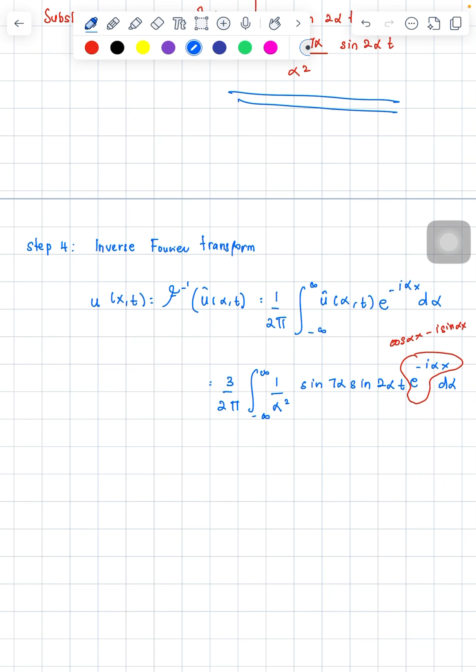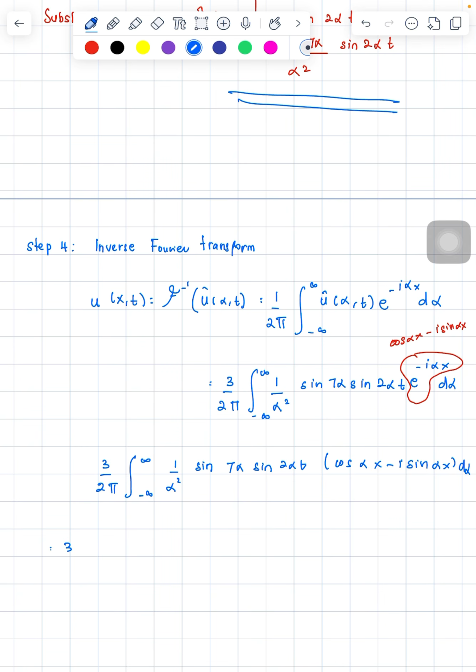So it becomes 3 over 2 pi, the integral from negative infinity to infinity of 1 over alpha square sine 7 alpha sine 2 alpha t, times cos alpha x minus i sine alpha x, d alpha.